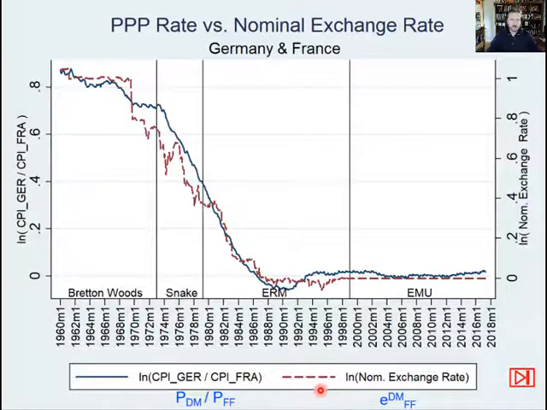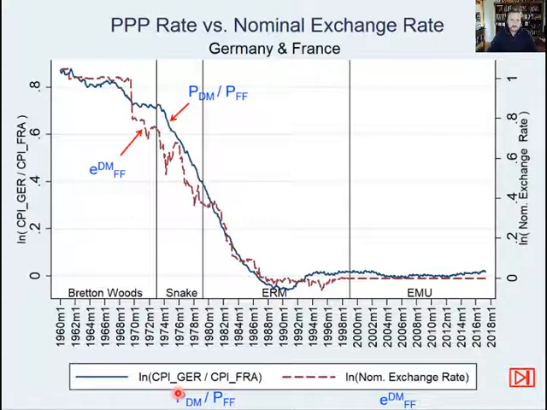The dashed red line is the logarithm of the actual exchange rate, and the continuous blue line is the logarithm of the purchasing power parity exchange rate. Both rates have the dimension Deutsche Mark per franc français, so the diagram uses the inverse dimension we have used so far.